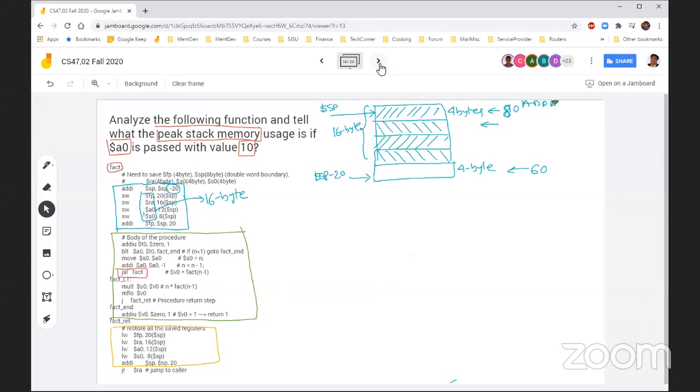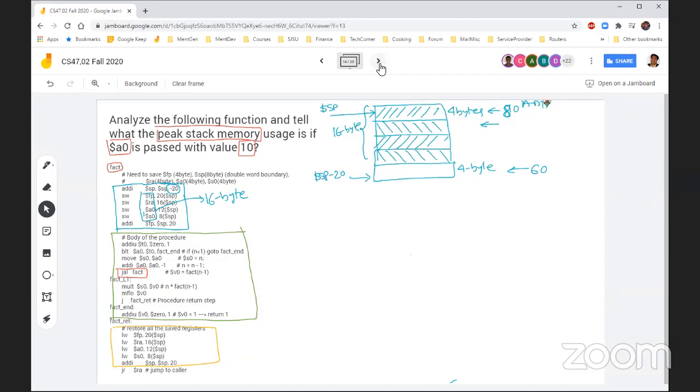Let's say it started with 80, then the first variable goes on 80, then address 60, the next variable goes to 40. Oh, this is 20. Sorry. What am I doing? Just hold on. Okay.